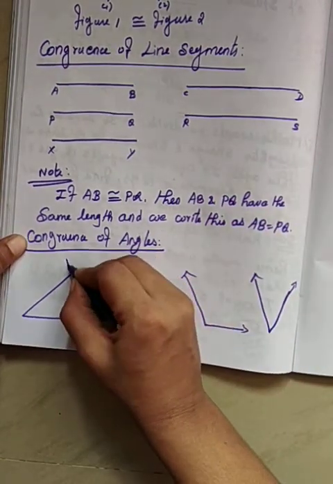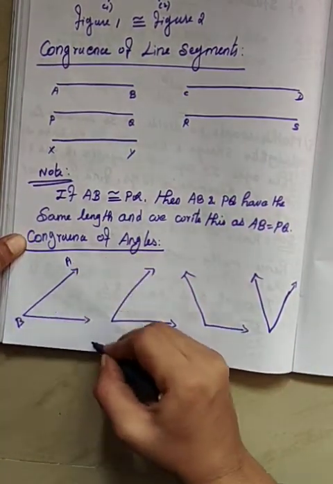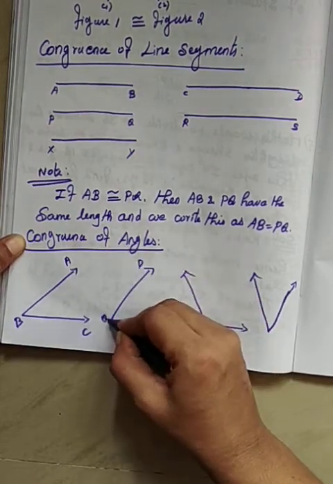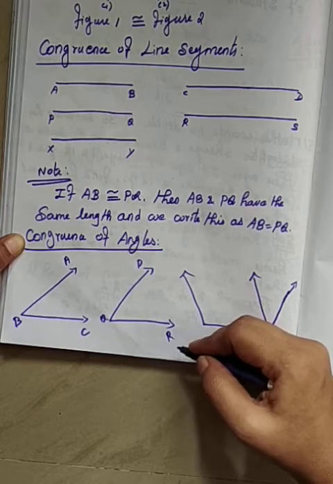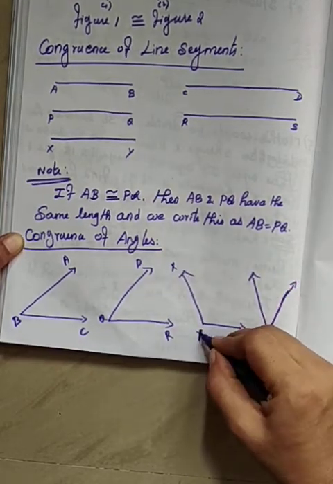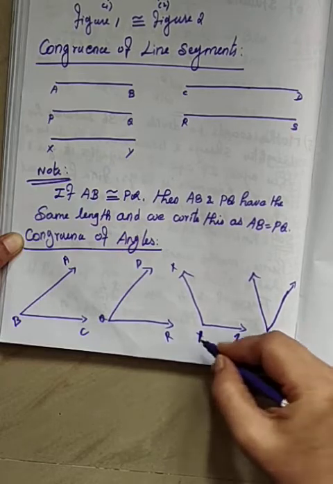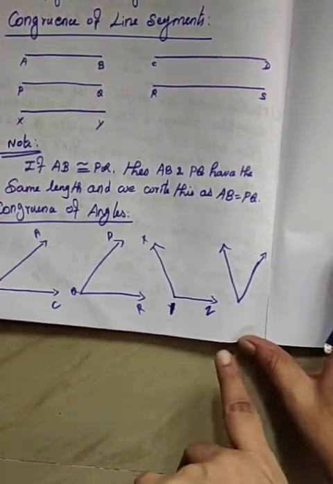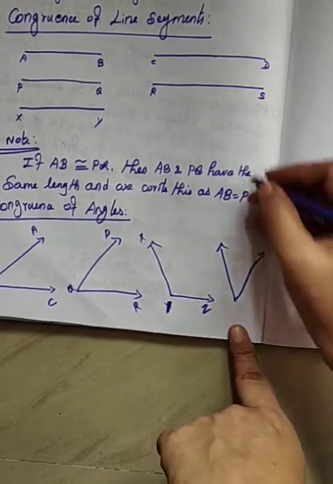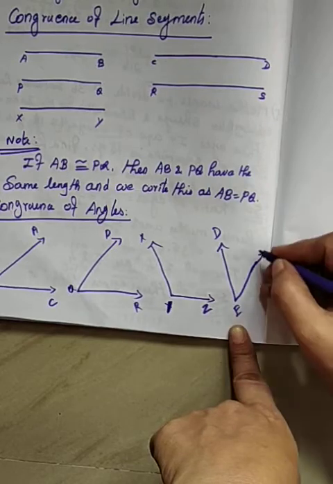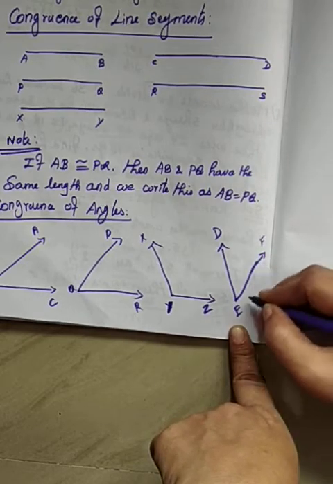This is ABC, this one is PQR, this is XYZ, and the next one is DEF, which is a straight line.